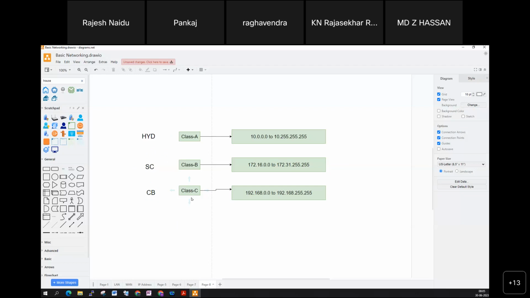But every company does not maintain a single network. They maintain multiple networks based on the projects and application security level.